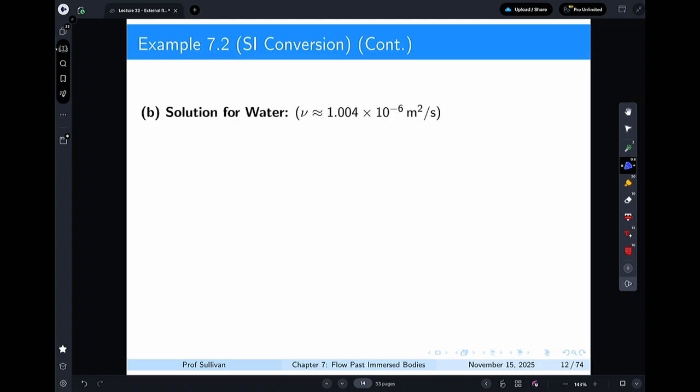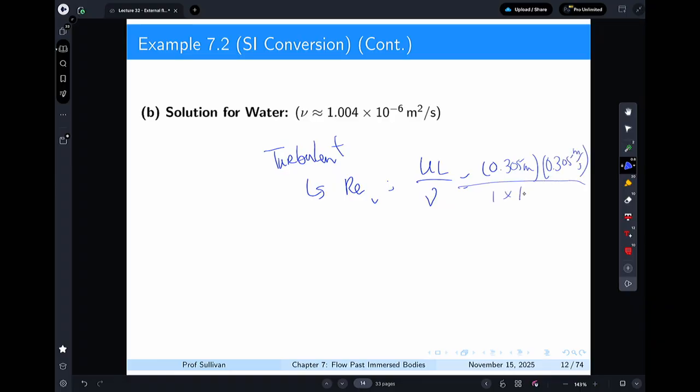Okay, and this is turbulent, and I have the wrong answer here, and I'm going to have to fix it because its Reynolds number is equal to UL over nu, 0.305 meters times 0.305 meters per second, all over 1 times 10 to the minus 5.